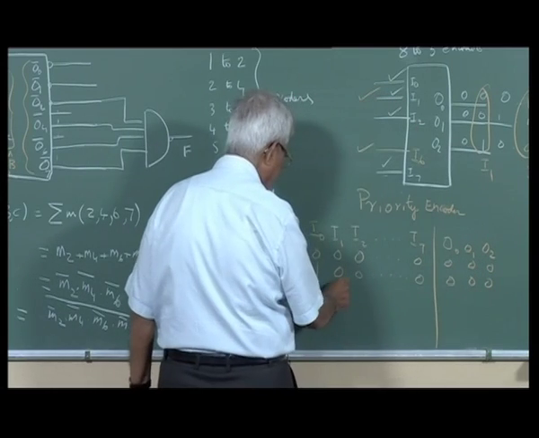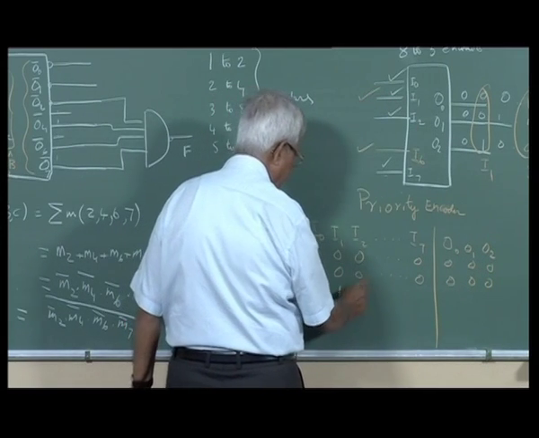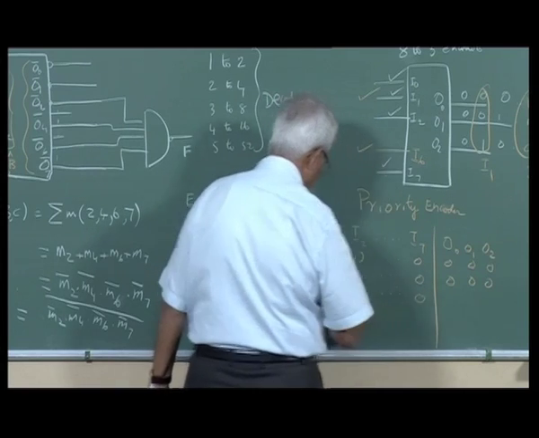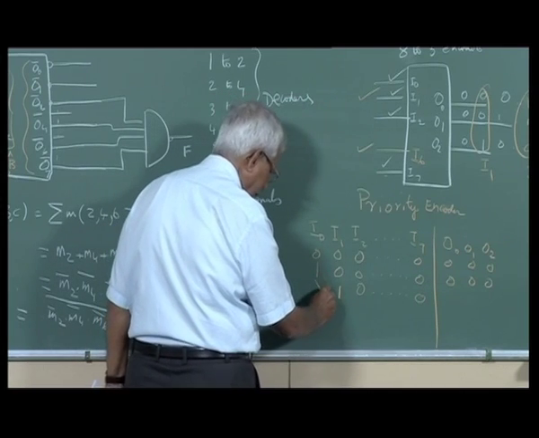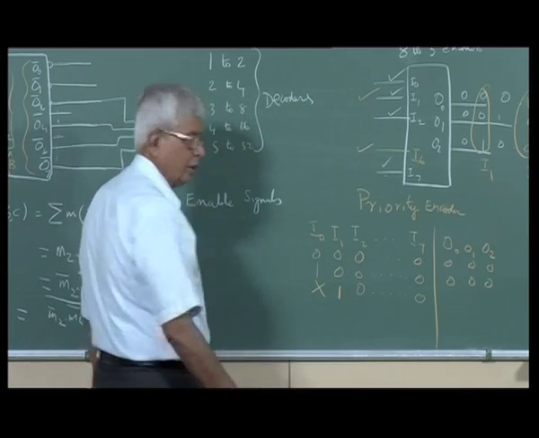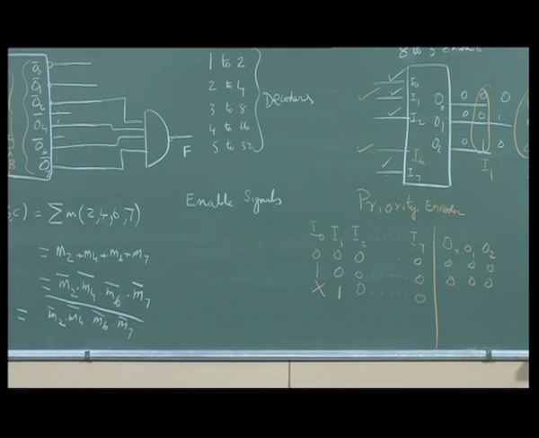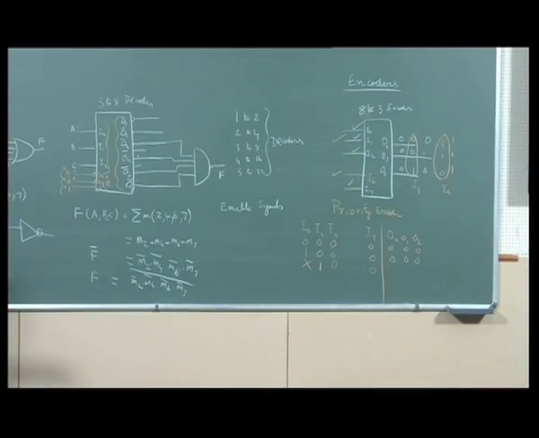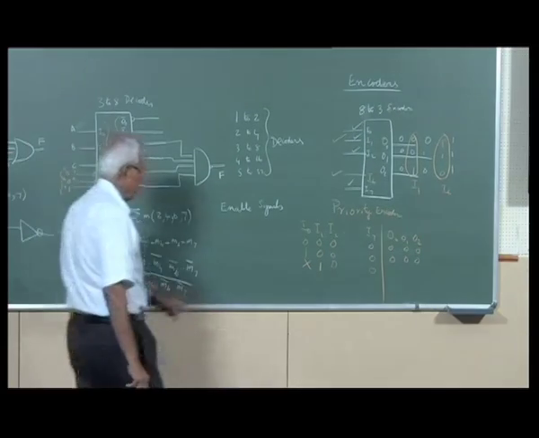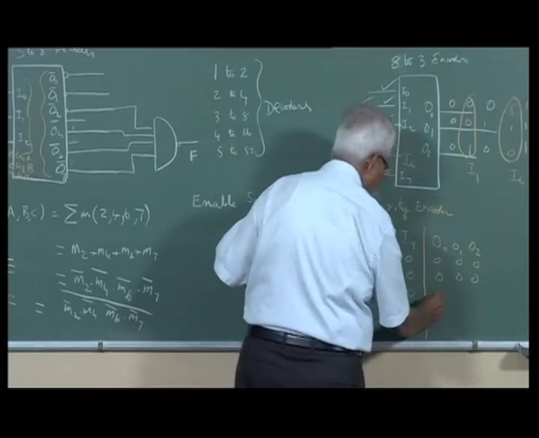If I1 is present, irrespective of whether I0 is present or not, that is called don't care. We have talked about the don't care condition earlier. Whether I0 is present or not present, I1 will be encoded as 0, 0, 1.